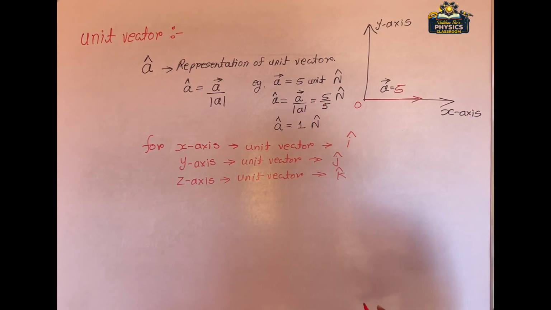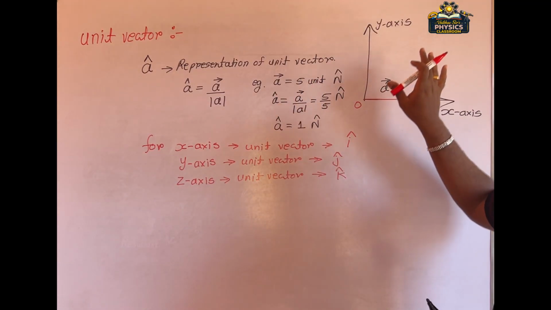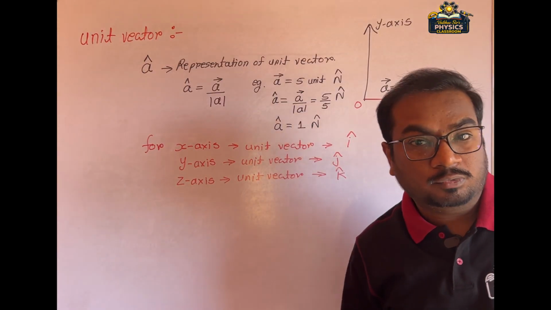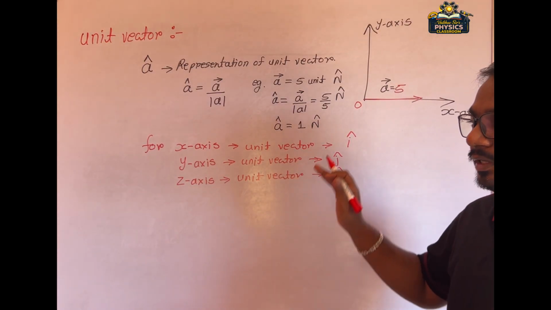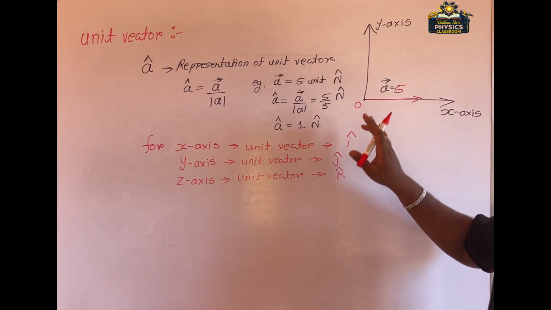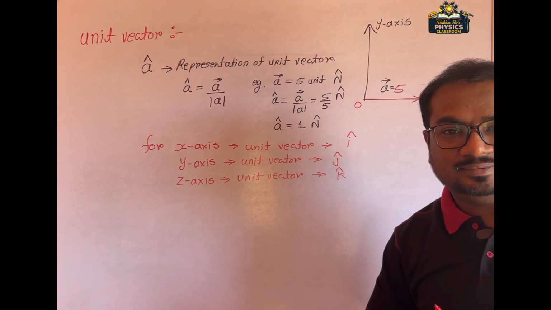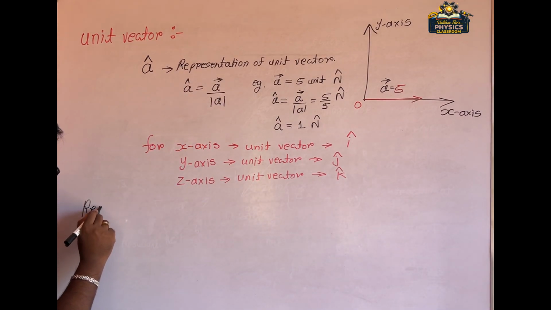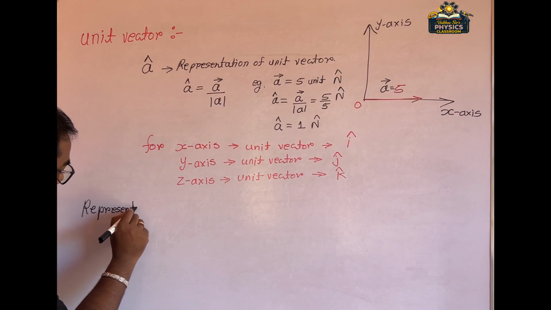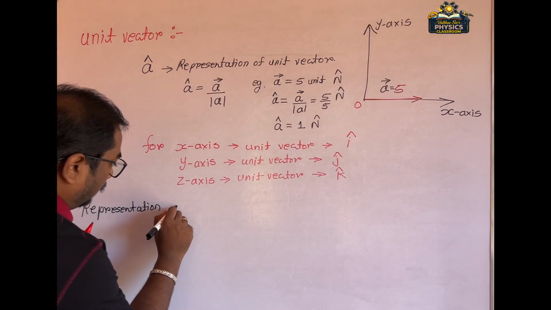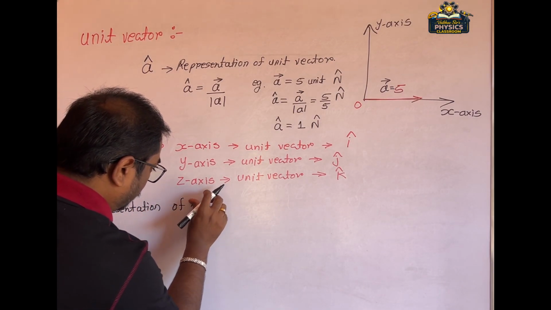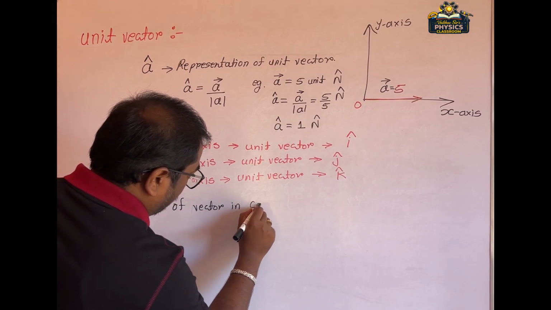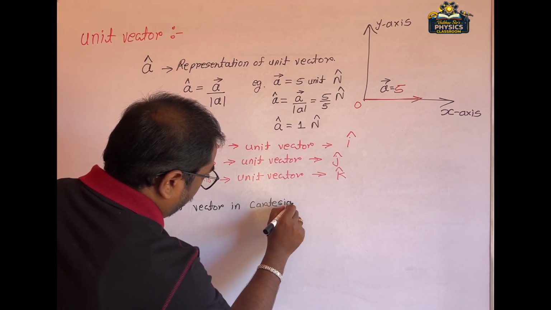Why am I writing like that? Because we have to represent these vectors in Cartesian form also. Cartesian form means on the x axis, y axis, and z axis. For example, the representation of a vector in Cartesian form.